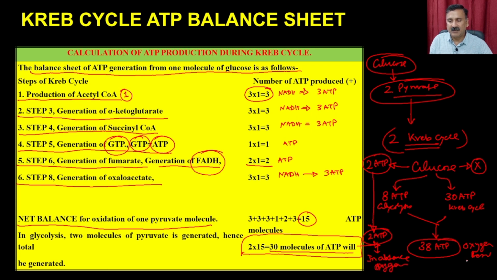In the presence of oxygen, you are going to produce 38 ATP molecules. The total production is going to be 40 ATP molecules, but you are utilizing 2 ATP molecules in the glycolysis, and that's why it is going to be 38 ATP molecules.